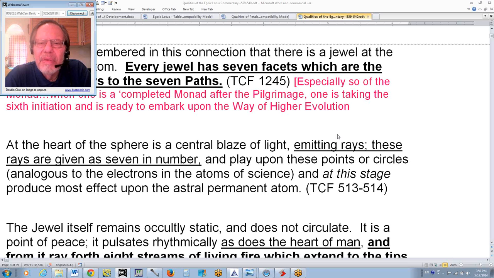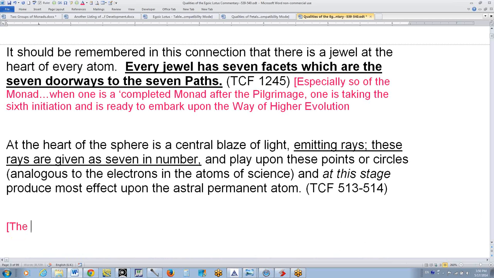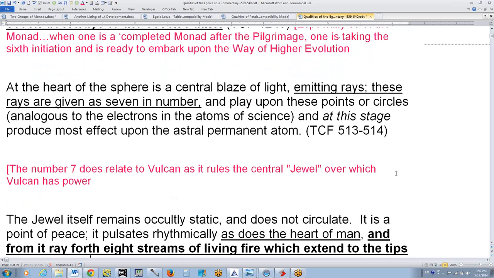So there is a Vulcanian relationship here in the central jewel in the lotus, and there is a way in which 7 does relate to Vulcan. The number 7 does relate to Vulcan, as it rules the central jewel over which Vulcan has power, and also there are 7 centers of will in the head.